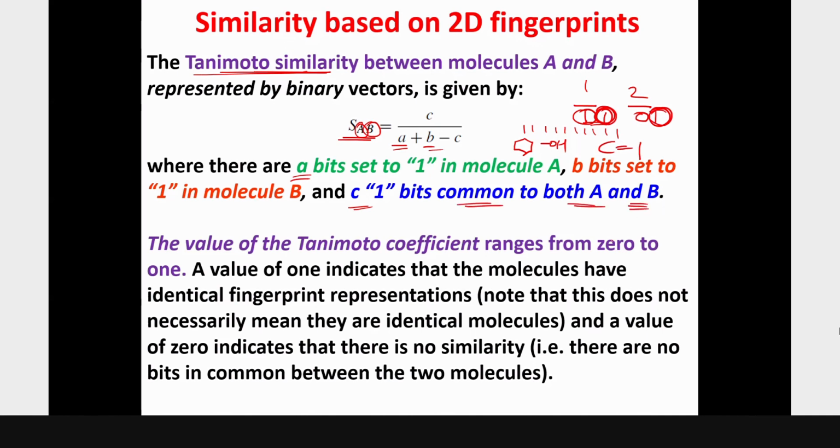So for example, if I am having 12 fragments and I am calculating SAB, now if there are 12 fragments and all the 12 fragments are present in both the compounds, what will be the value of SAB? If there are 12 fragments and they are present in both the components, what will be the value of SAB?